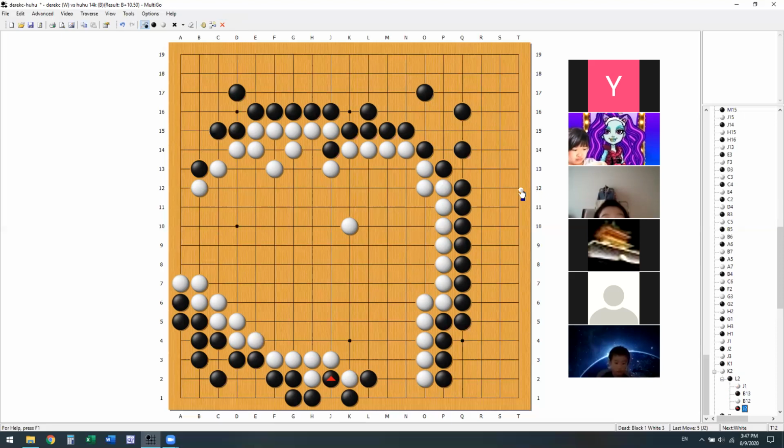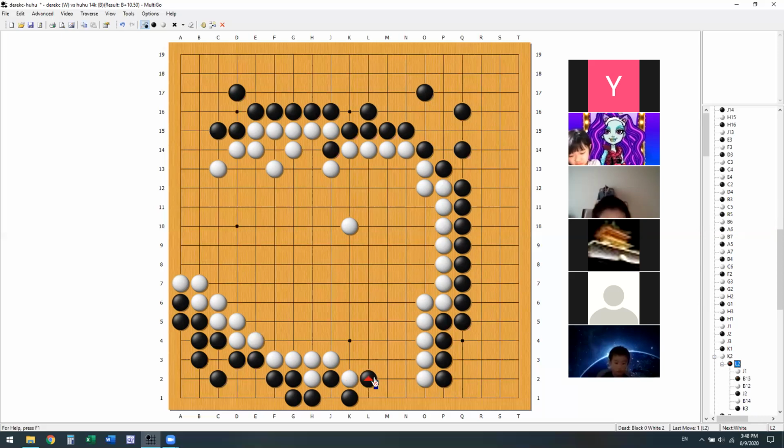And it is for him to try to find some ko threat. But for example, if he goes here, of course he can capture a stone, but you can just ignore it and capture this stone. Then this whole territory will be damaged, right? So what I'm saying is actually, Derek, this move is very dangerous.